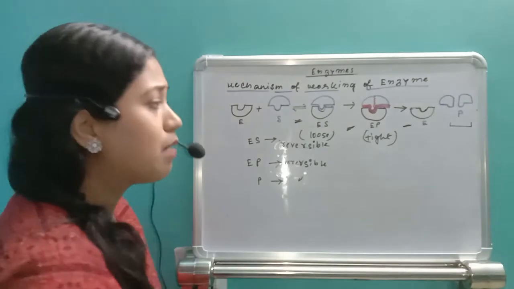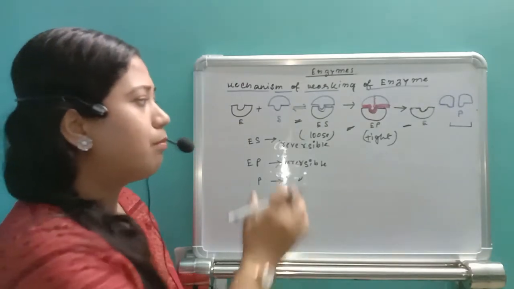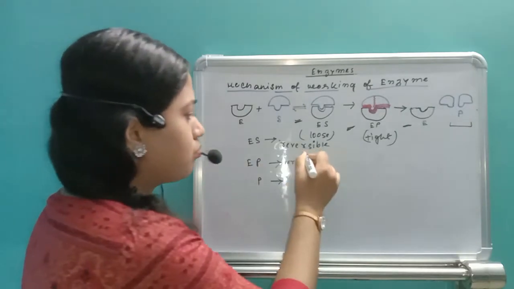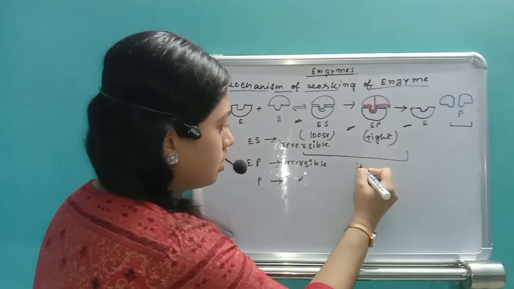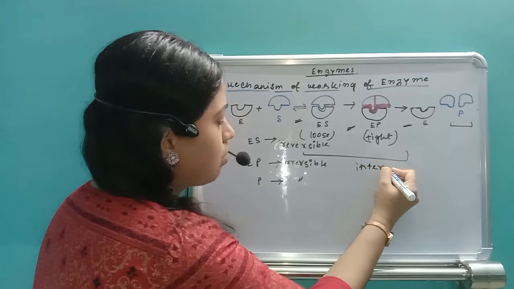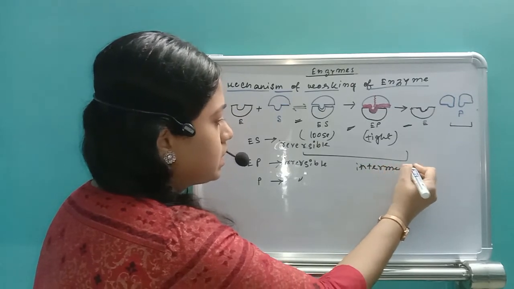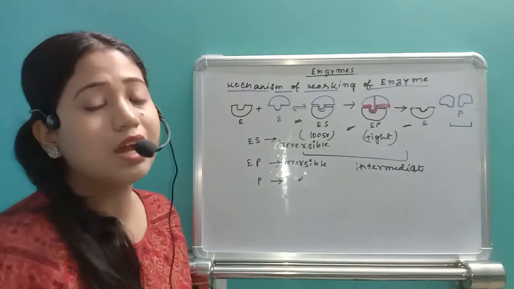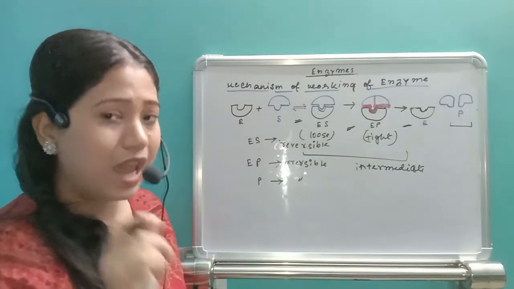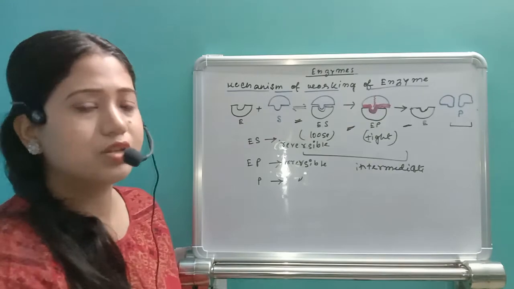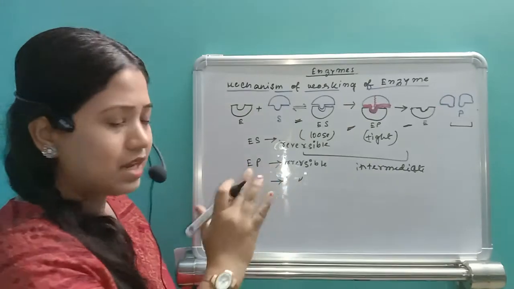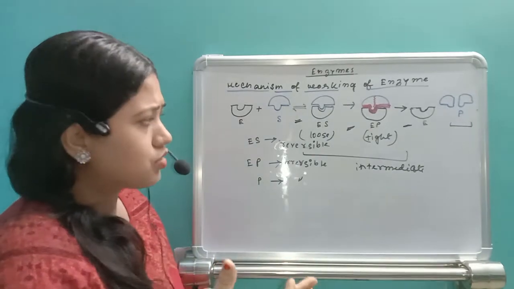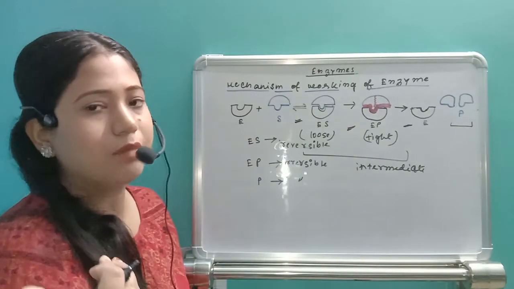So this came up to explain what is going on with the ES. ES is an intermediate state, so both of these are intermediate states before forming the product. But whenever it comes to the ES complex, E dot S, then it is reversible. That means once the ES complex is formed, it's possible that the substrate can once again be removed.